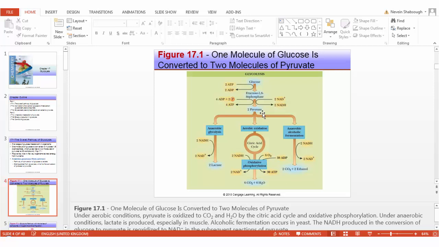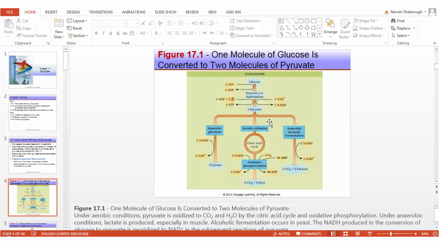Now, in the absence of oxygen, however, pyruvate undergoes the so-called anaerobic glycolysis, and this occurs in the muscle. This is, by the way, the more common fate of pyruvate, its reduction to lactate in the muscle, whereas in some organisms like yeast, which undergo the so-called alcoholic fermentation, pyruvate is converted first into acetaldehyde and then into ethanol plus CO2.